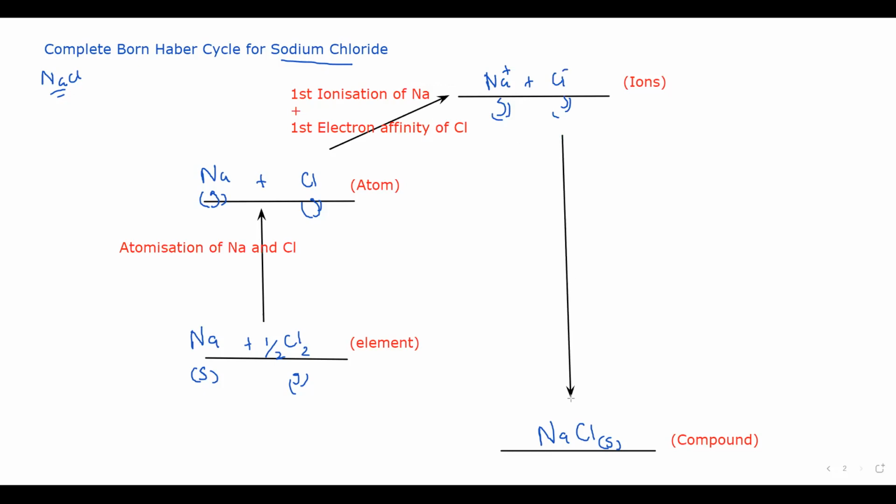And then when the sodium ion and chloride ion turn into sodium chloride, what do we call that? We call that lattice energy. Or these elements directly form the compound, so we call that formation.